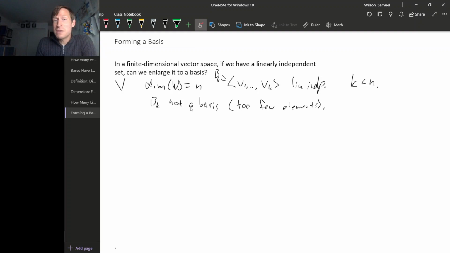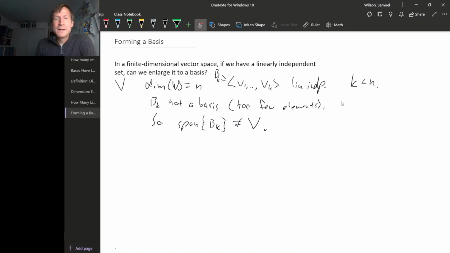Well, look, if it's not a basis, but it is linearly independent, then that means that the span of this set can't be V. If this set b sub k did span V, we'd have a spanning set for V that was linearly independent. We'd have a basis, but we know b sub k isn't a basis.